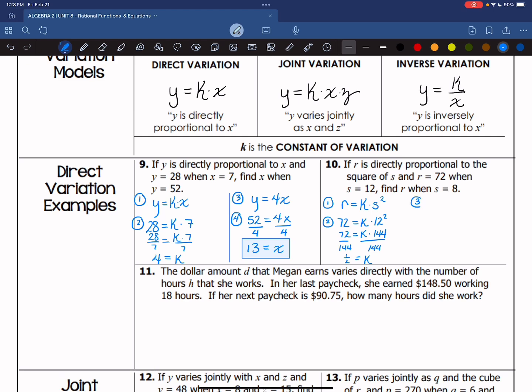So now when I write my equation out, I have R is equal to my K value times my S value squared. And we want to find R when our S value is 8. Well, that's pretty nice because all we're going to need to do is take our calculator and use it to simplify this expression.